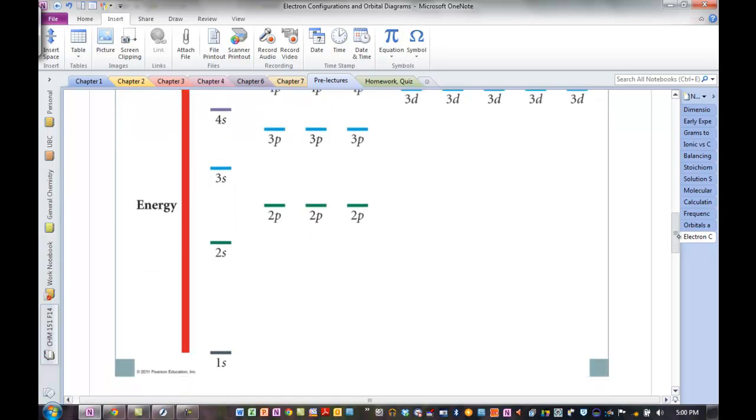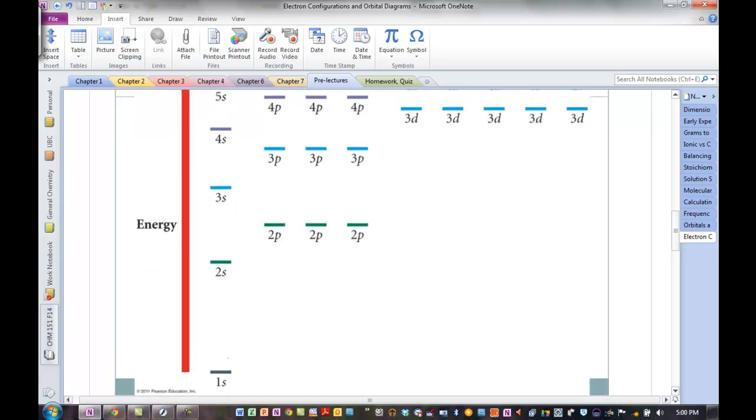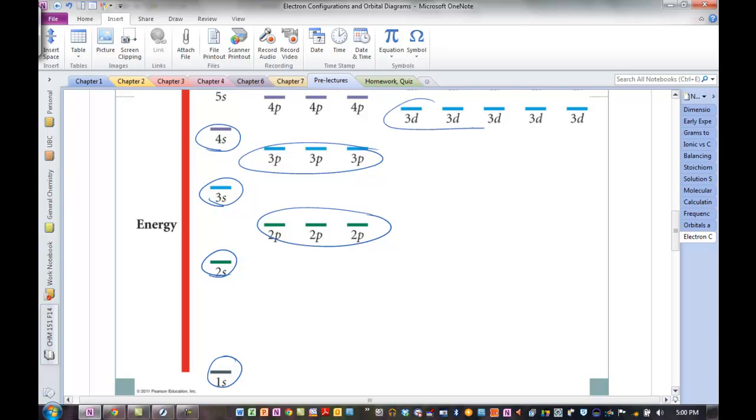Initially it looks pretty good. We're going to start with the 1s, then the 2s, then the 2p, then the 3s, then the 3p, 4s, before the 3d. Now, why the heck is that? Why does that happen? Well, first of all, the 4s and 3d are pretty close in energy to begin with.